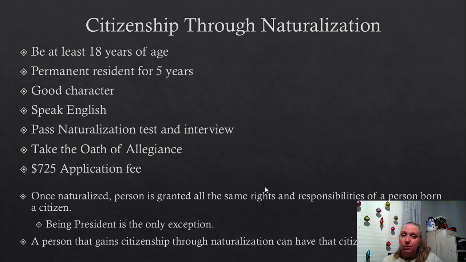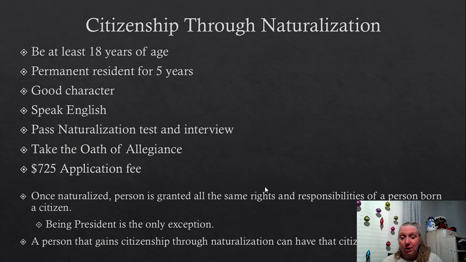The naturalization test has a possible 100 questions, and an applicant will be asked 10 of them, and they have to answer 6 correctly. The United States Immigration Services has all 100 possible questions published on their website, along with the acceptable answers.